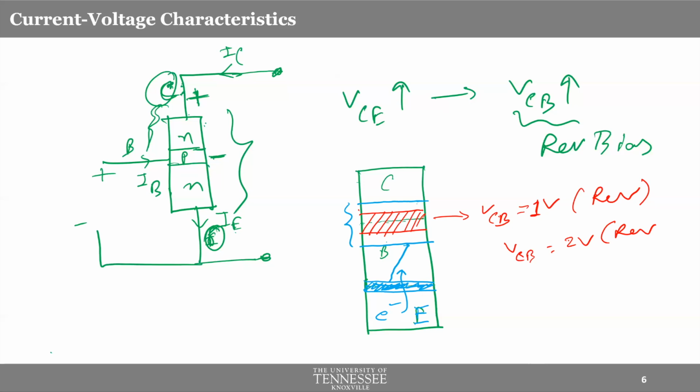Again, repeating, electrons from the emitter go to the base region because of the forward bias, and then when they are inside the base, they gradually diffuse all the way to the collector, and when they reach the collector, the electric field in the base collector junction grabs them and zaps them inside the collector region.